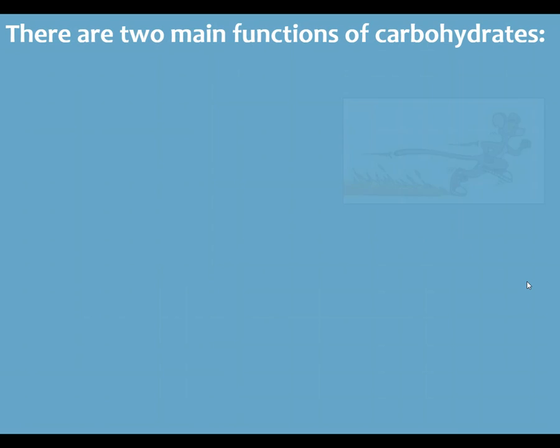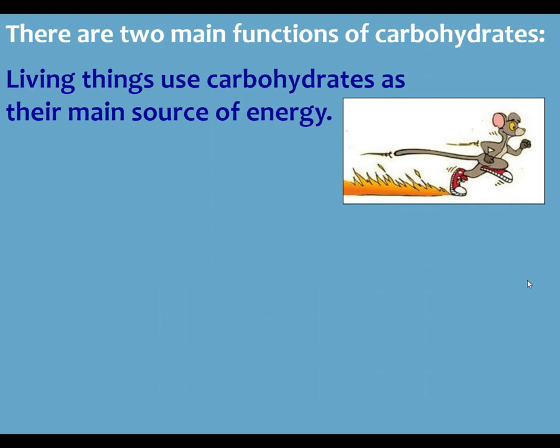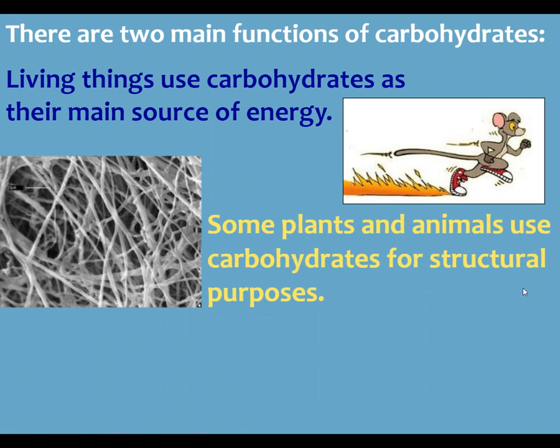There are 2 main functions of carbohydrates. Living things use carbohydrates as their main source of energy. Some plants and animals actually use carbohydrates for structural purposes, to build parts, like to build the stem of a plant. So when you eat things like celery and other fruits and vegetables, there's a structure to them, and that structure is made up of carbohydrates.